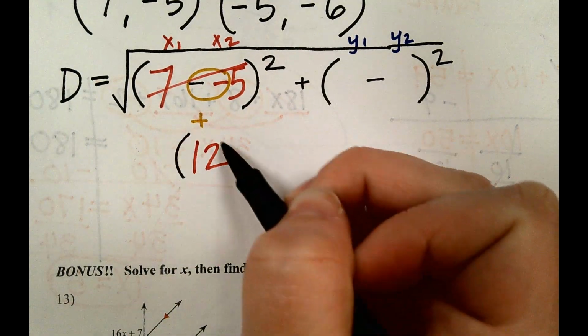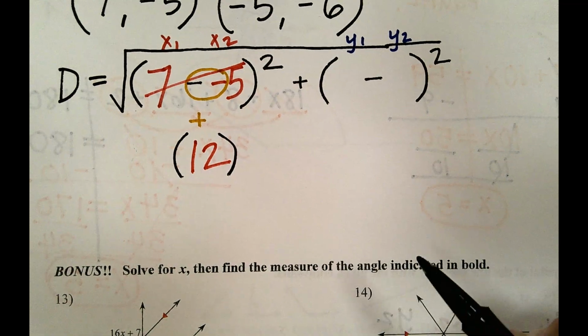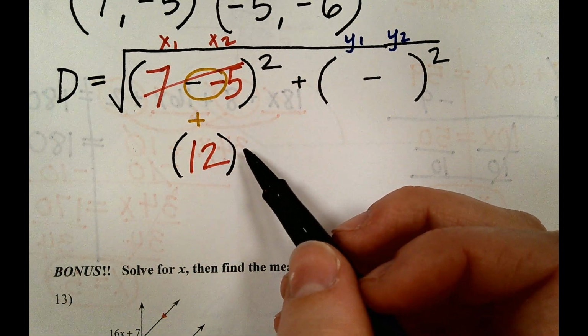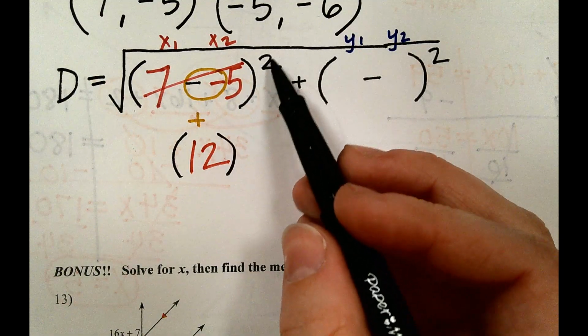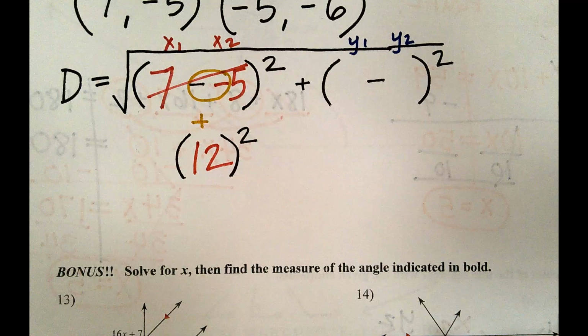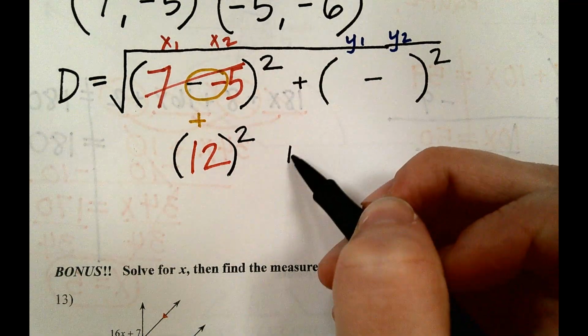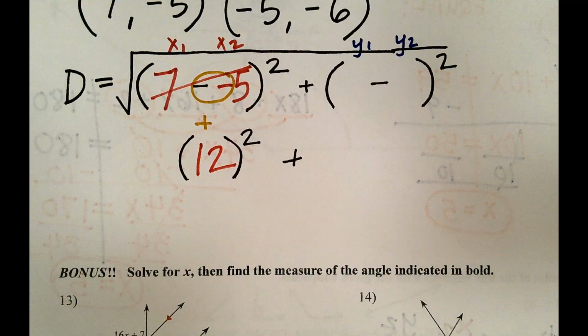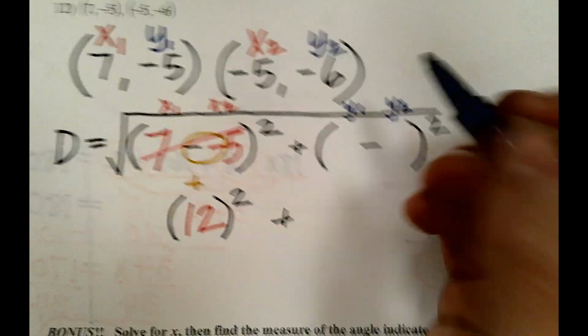I still have parentheses. What's outside of my 12? Squared. Don't forget your exponent. That needs to come down. Plus y1, y2, what goes there? -5, -6. Yeah, y1 is -5.